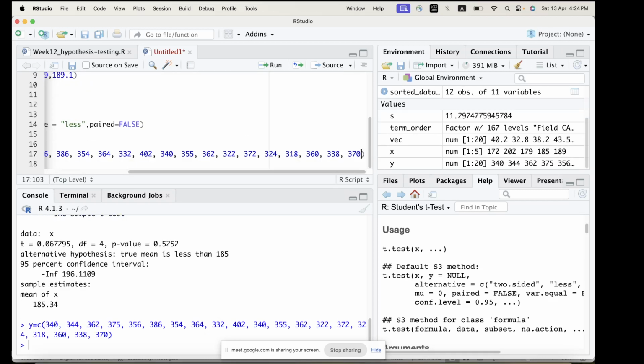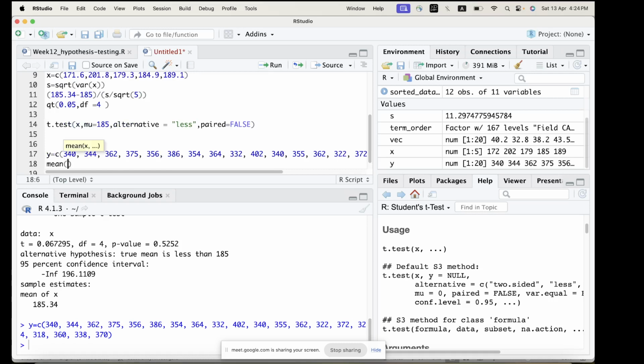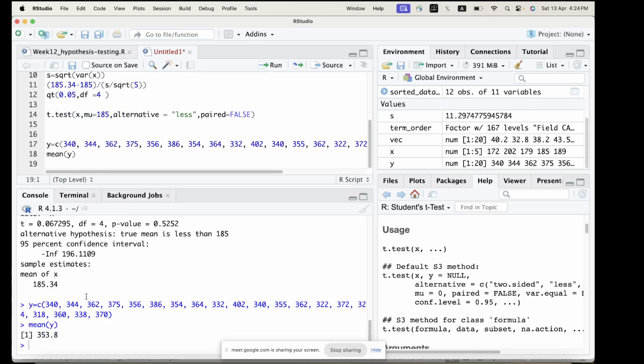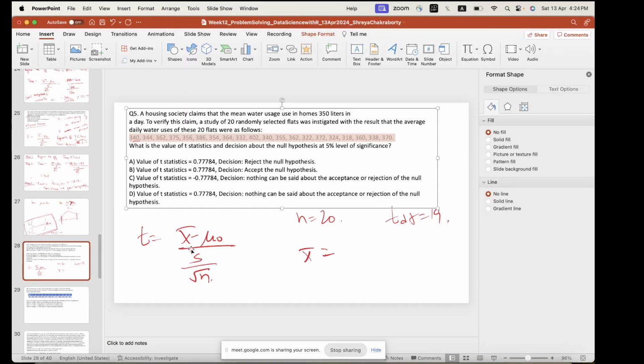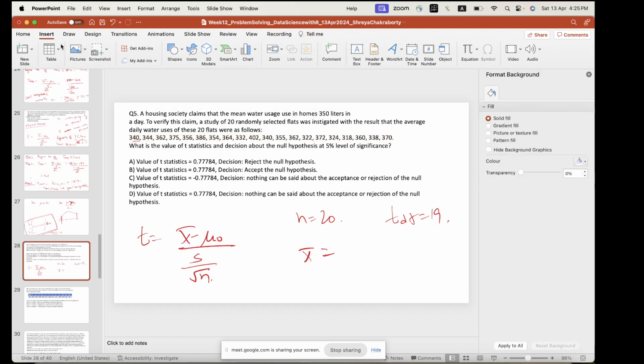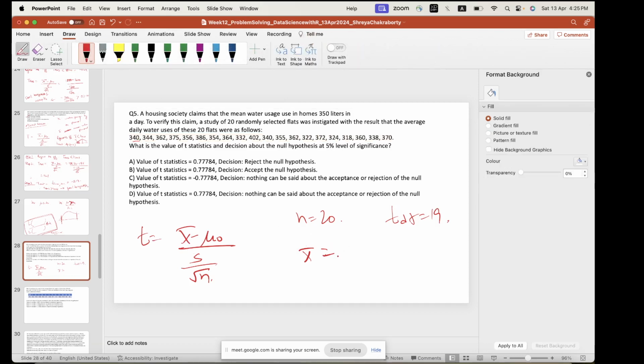Okay, so this is y, then mean of y is 353.8. Okay, so again we'll have 353.8 minus mu naught, which would be minus 350.